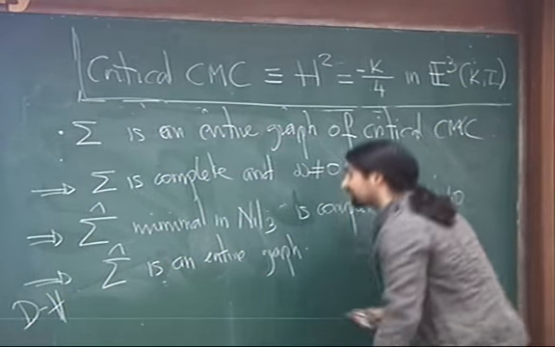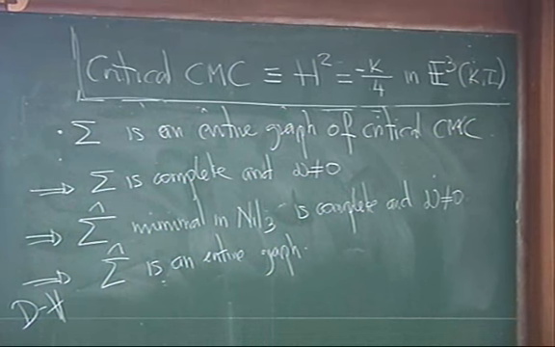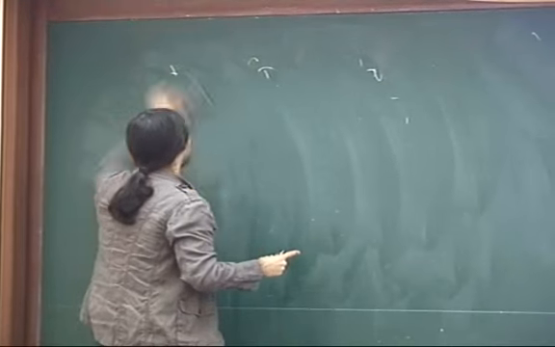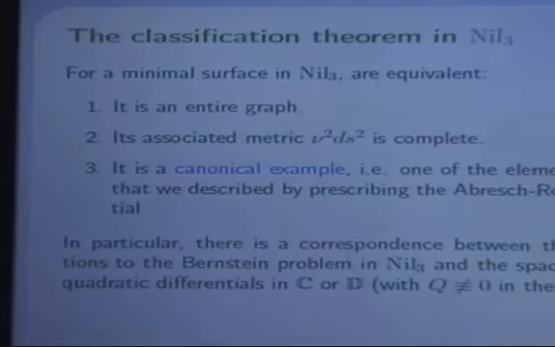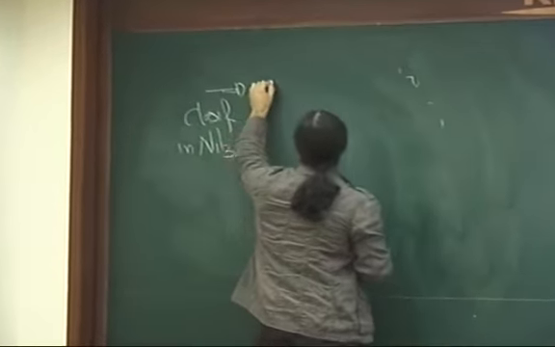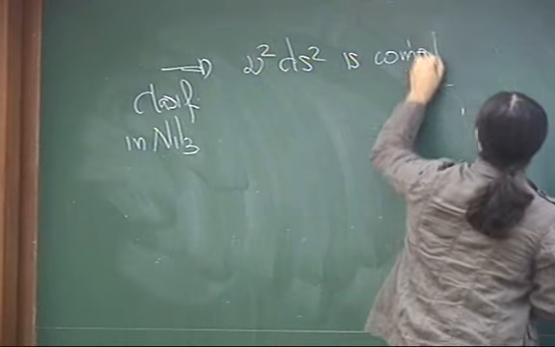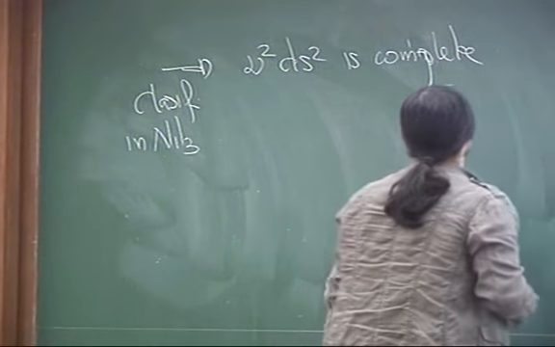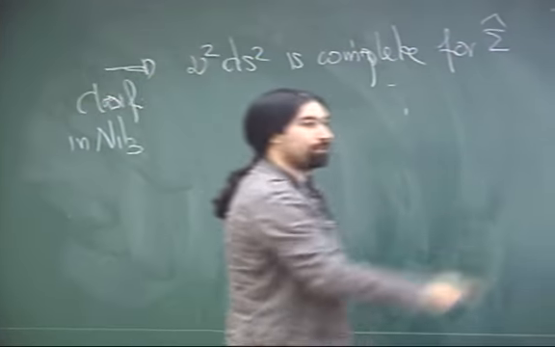Okay, how do you keep working with this? Once you have an entire graph, we know the classification theorem. The classification theorem says that something in Heisenberg is an entire graph if and only if this metric here is complete. So by the classification, mu squared dg squared is complete for the minimal graph.